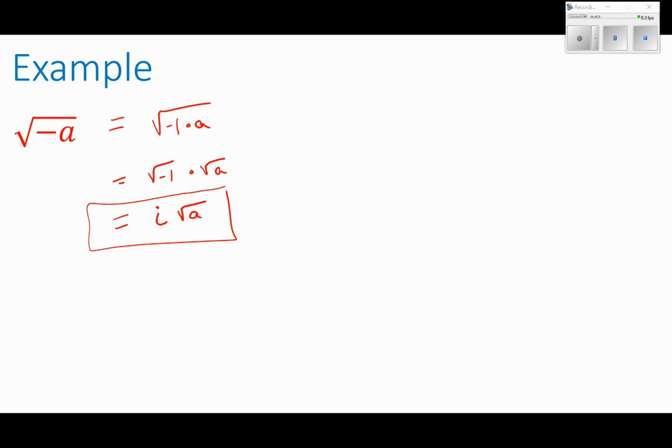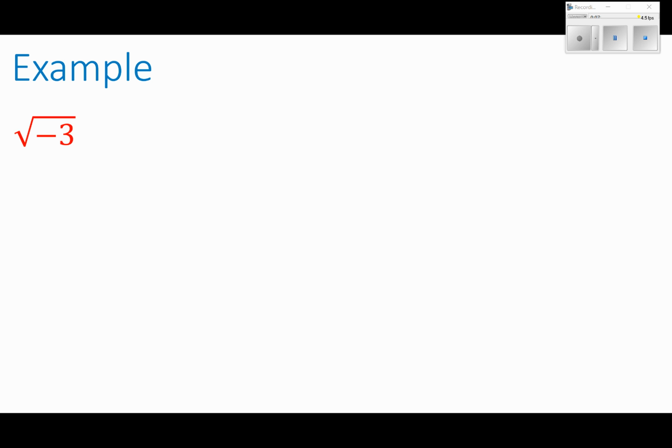And we are done. So we will not have any final answers with negatives under a radical. Okay, because we can rewrite as a product using -1, square root of -1 becomes I. So the final answer on this one is I square root of a. Again, we want to make sure square roots are all the way to the right.